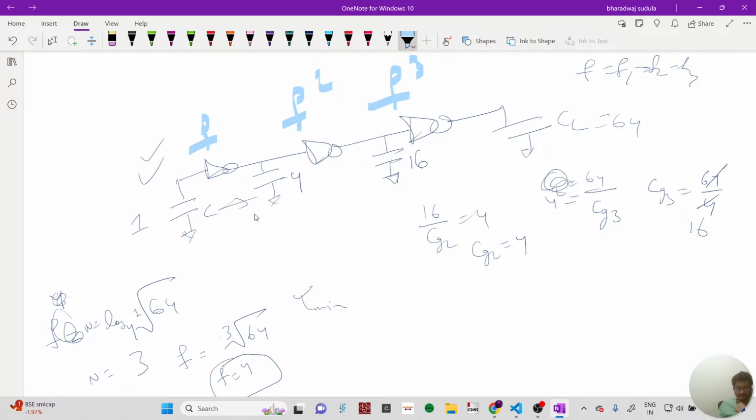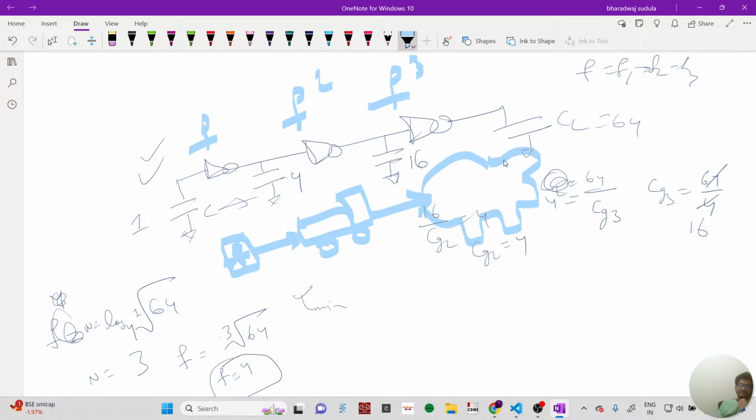Okay, so it is kind of, what do we say, this initial thing is a human. A human is pushing a truck, and this truck is pushing a big elephant.